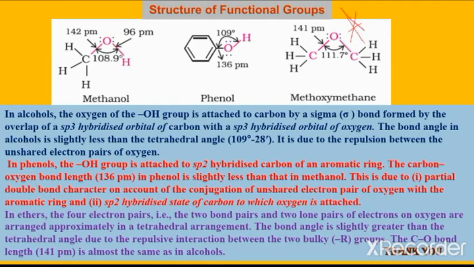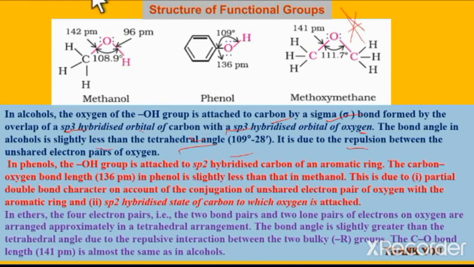In alcohols, the hydroxy group between oxygen and hydrogen is attached to carbon by a sigma bond, formed by the overlap of an sp3 hybridized orbital of carbon with an sp3 hybridized orbital of oxygen. The bond angle in alcohols is slightly less than the tetrahedral bond angle of 109.28 degrees. This is due to the repulsions between the lone pairs, the unshared electron pairs of oxygen.